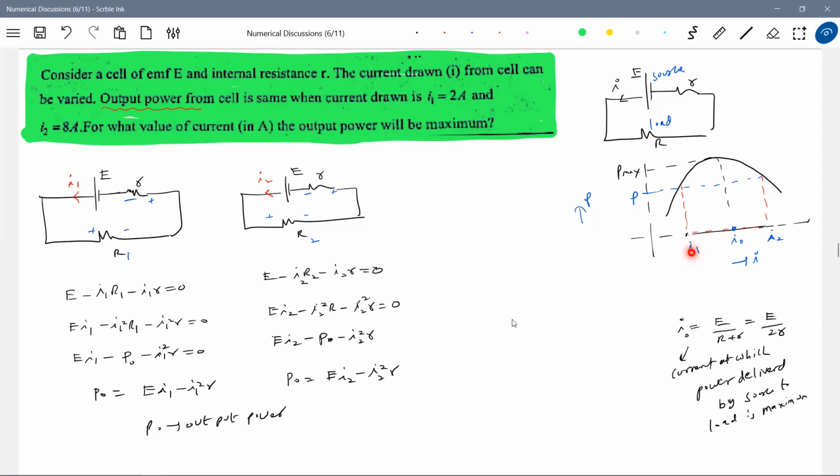What is I1? We should write. The biggest problem is that it is telling us the output power from the cell is the same and the current drawn is I1 and I2. Only that much information we have.